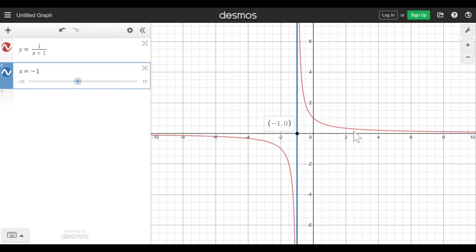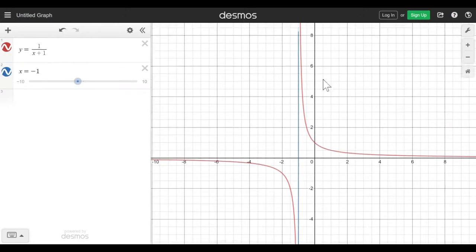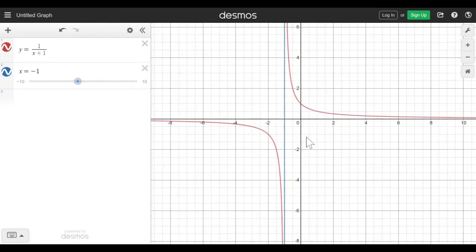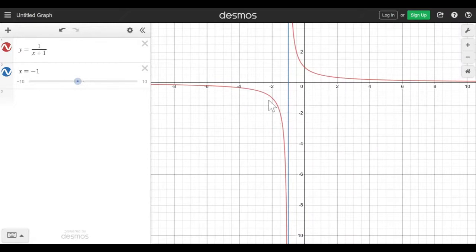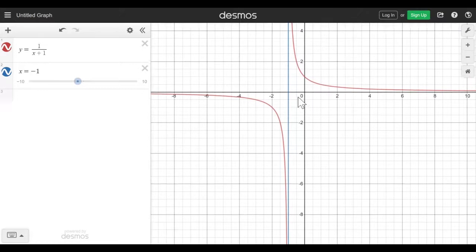As you can see, the graph is approaching this blue line here, but never touches that line. So when you go up, it never touches, also at the bottom. Similar to the right side, the left side curve is approaching the blue line, but never touches that line.